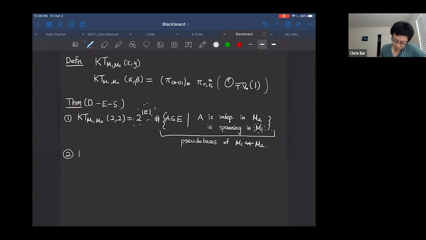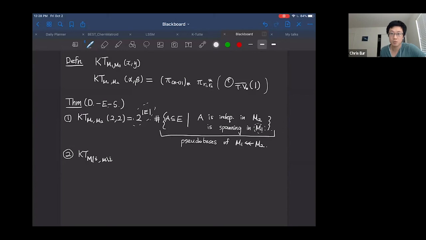Another thing that we noticed is that if you try to do some sort of deletion contraction, it fails dramatically. So instead, we can look at the following. Take a regular matroid and consider contracting and deleting by the same element.